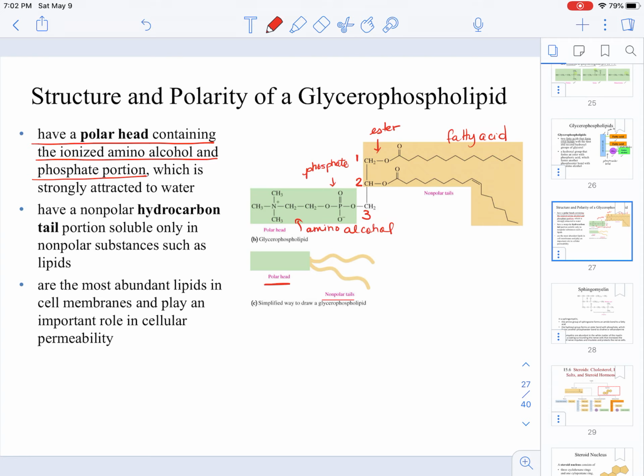And remember, if it's polar, it can be attracted to water, okay? Then, because of the nonpolar hydrocarbon tail, that is going to be the nonpolar portion of our glycerolphospholipid.